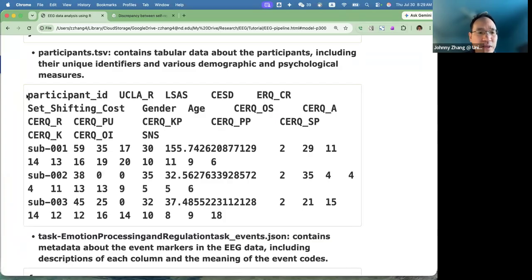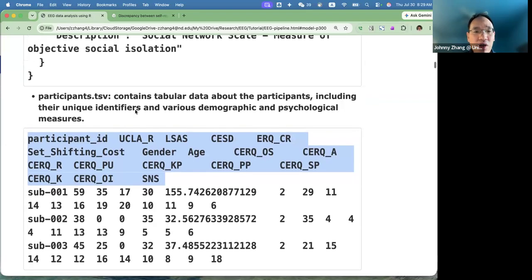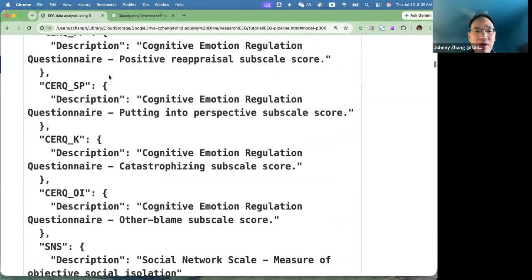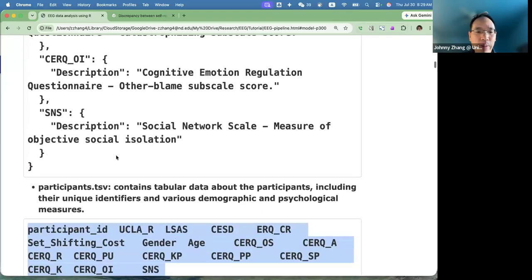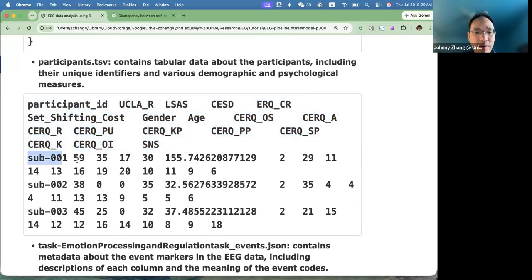So this is one row, and those are the column names. The meaning of each column is given in this JSON file, right? And each row represents data from one participant. For example, the loneliness score for the first participant is 59.